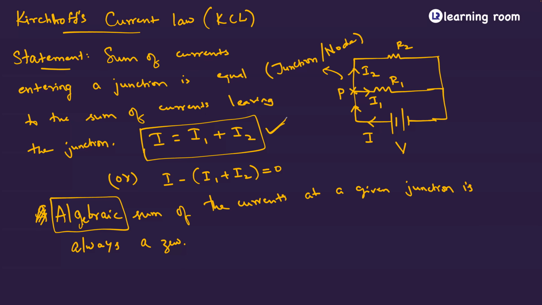When that is the case, Kirchhoff's current law is based on the concept of conservation of charge. So KCL is based on the phenomenon of conservation of charge. This is also one question that can be asked. Are you able to understand? Make a note of this.